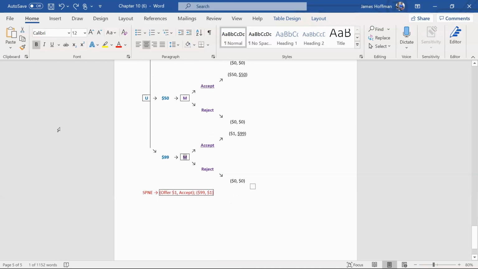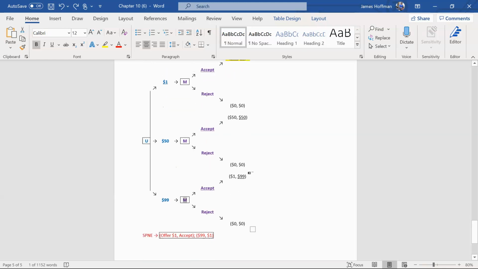If they're given this other option of 99, they can accept it and get 99, or reject it and get zero. So again, they're going to accept it and get the 99. What you see here is that no matter what is offered, management's best response is to accept it, because if they didn't accept it, they would get zero.